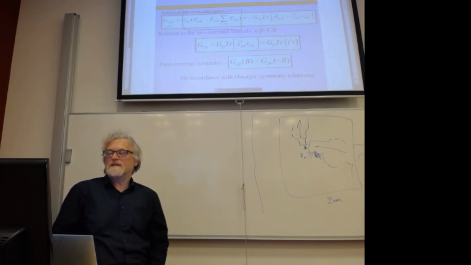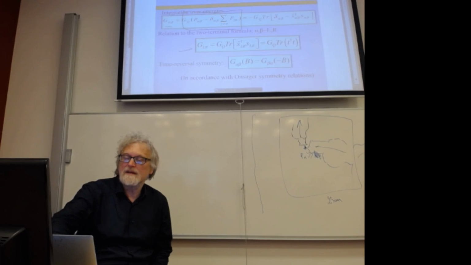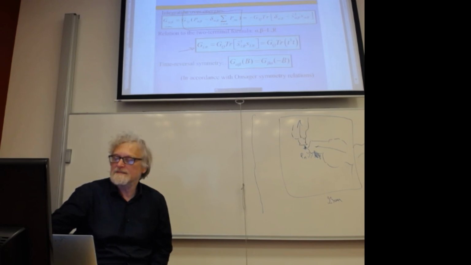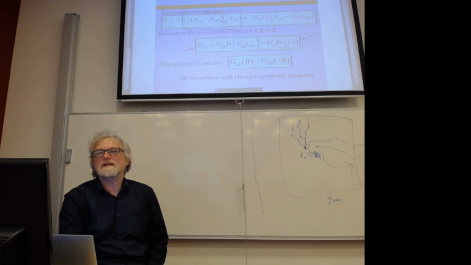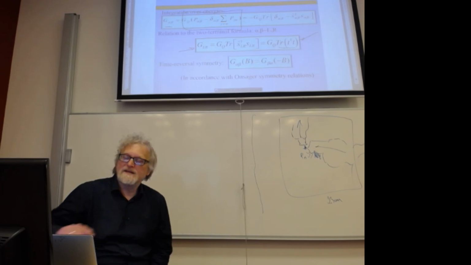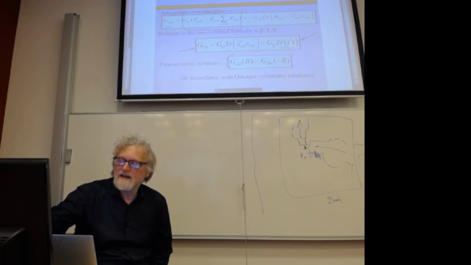Needless to say, if you apply the same to a two-terminal situation, what we get is the trace of the transmission matrix squared, the sum over transmission eigenvalues. It was fun to check these general relations.